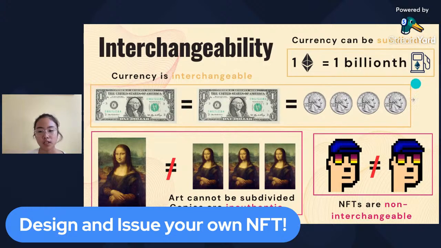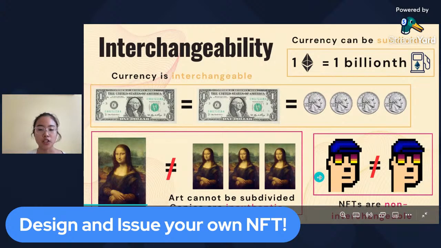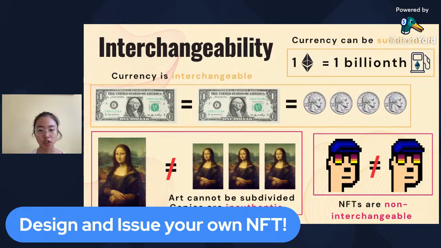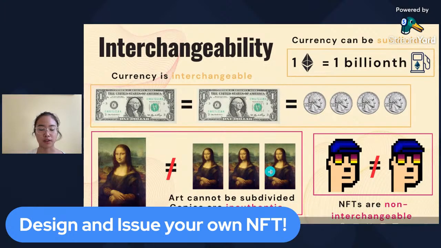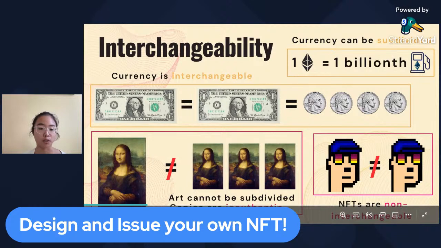But with NFTs, and even for physical paintings like the Mona Lisa here, it's non-fungible because it can't be generated in bulk or subdivided. The Mona Lisa here, you can't just make a few copies of it and call it the original Mona Lisa.